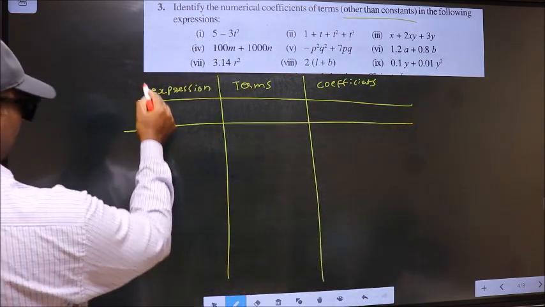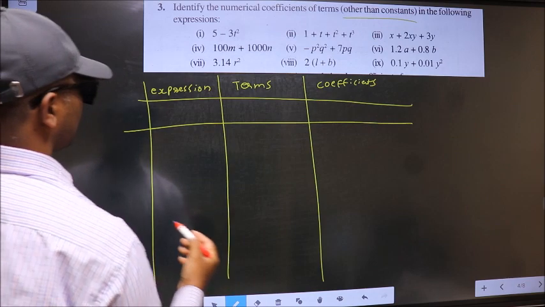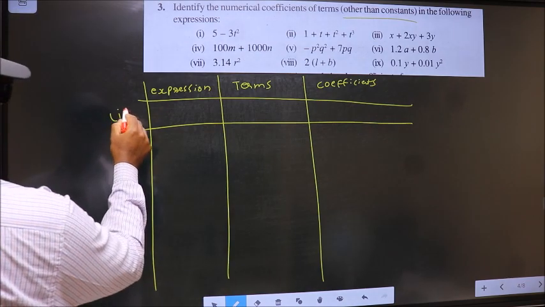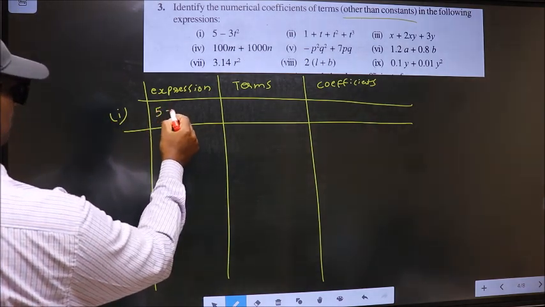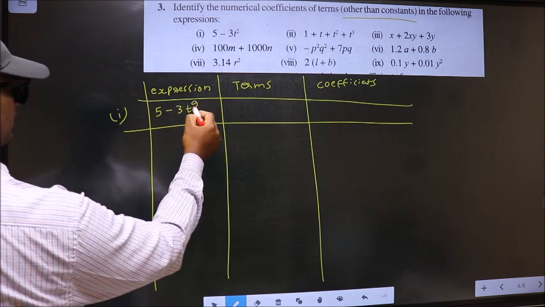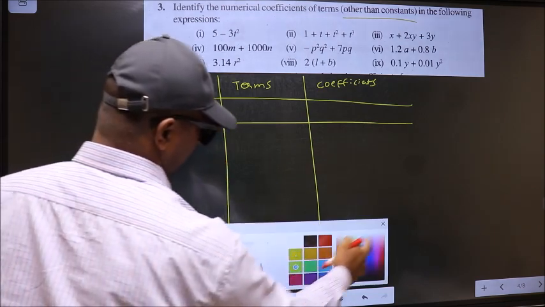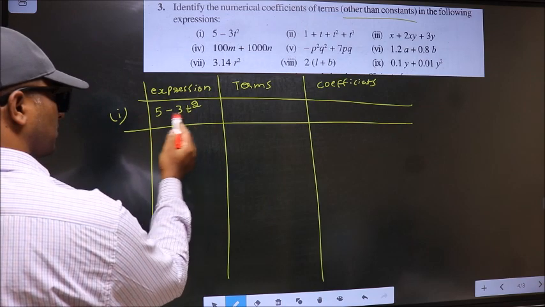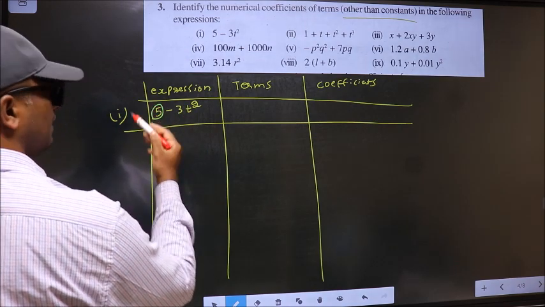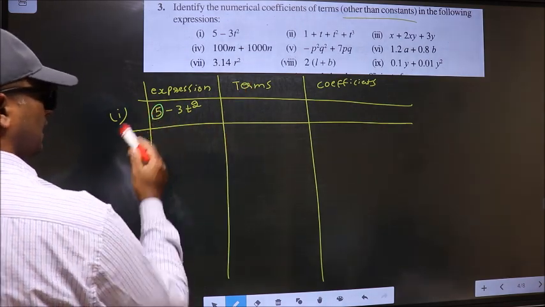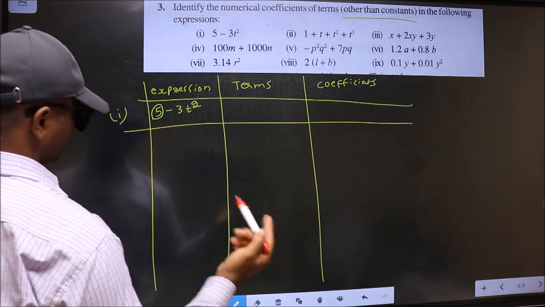Okay, next, the first one is 5 minus 3t square. Now in this expression, 5 is a constant. We were told not to consider the constants.